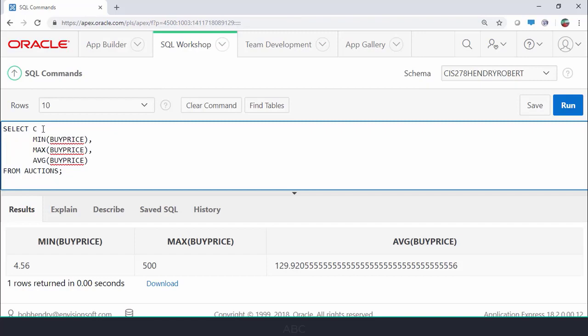We could say count, and it'll be count, should be like star, which basically means how many records do we have? Give us the minimum buy price, the maximum buy price, and the average buy price. And then click on Run.